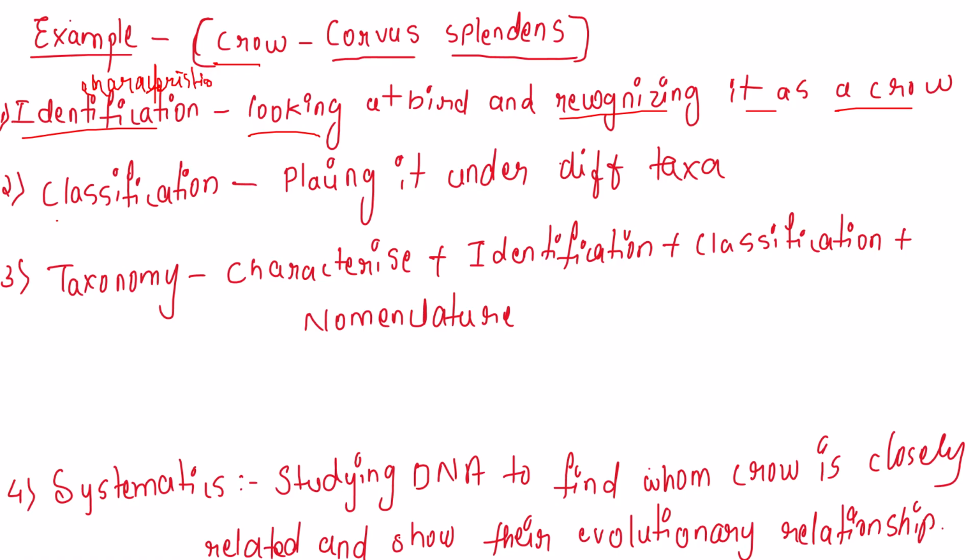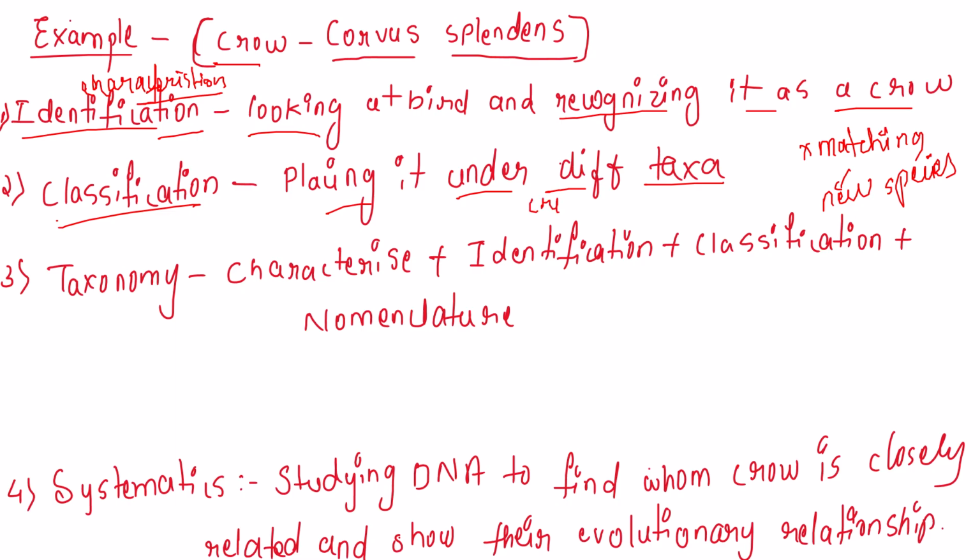After characterization, we do its identification, that this is the bird, and classification, placing the identified bird under different taxa or under convenient taxa. And if what we have observed is not matching with any of the existing knowledge, then we identify that to be a new species, and then we create a new taxon.